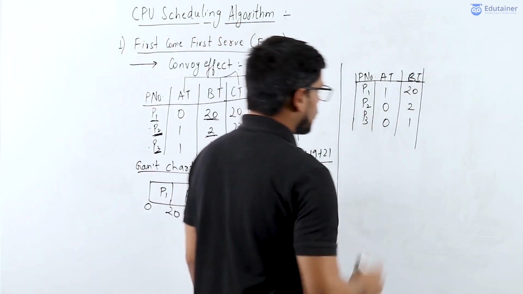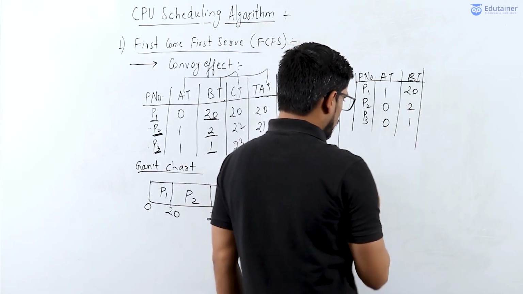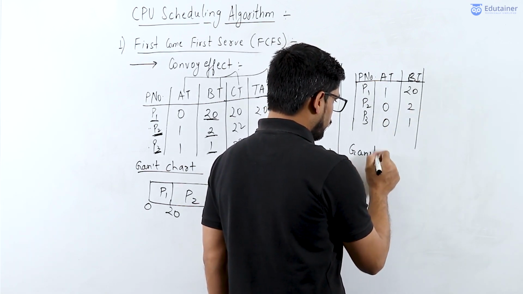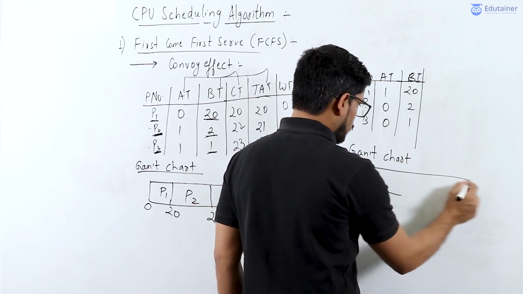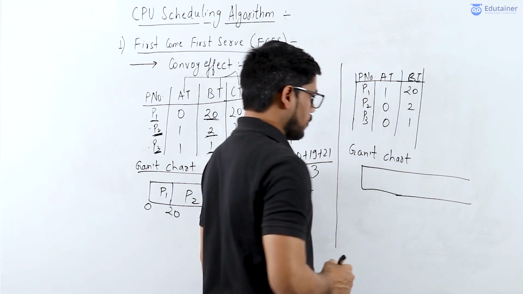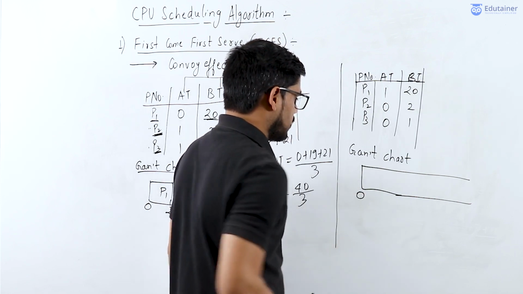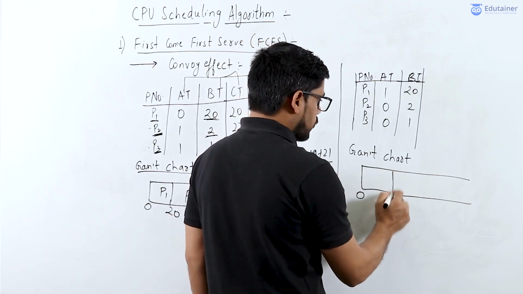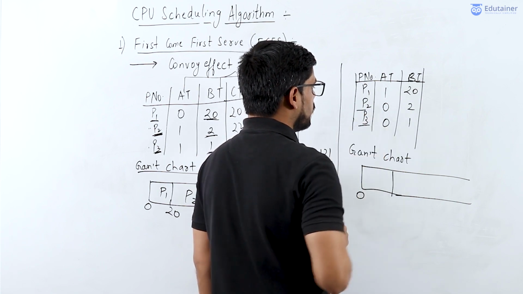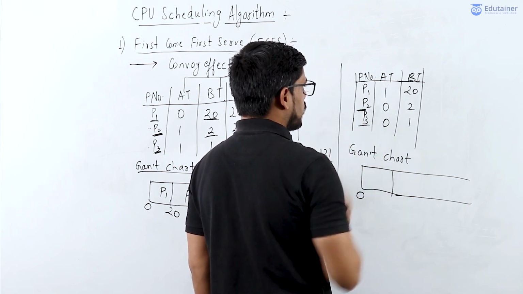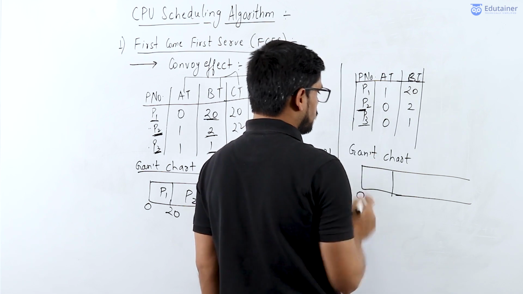Now let's take the other example. First we will prepare the Gantt chart. Starting from 0, which processes come at time 0? Process P2 and process P3. We will pick process P2 because its ID is lower than process P3.